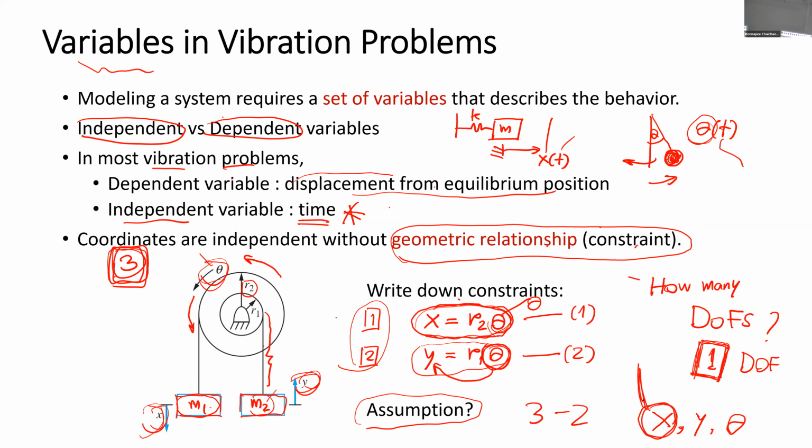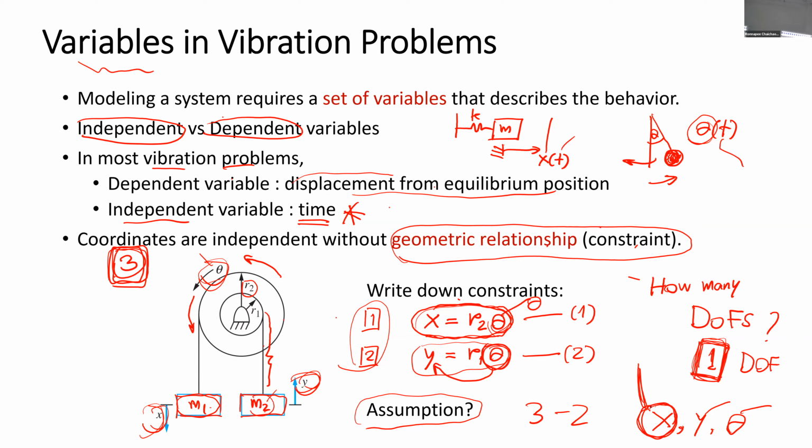From now, we're going to have many systems as examples. You need to answer how many degrees of freedom that system has and what the generalized coordinate is. For this system, you may answer, we have 1 degree of freedom and coordinate x is a generalized coordinate.